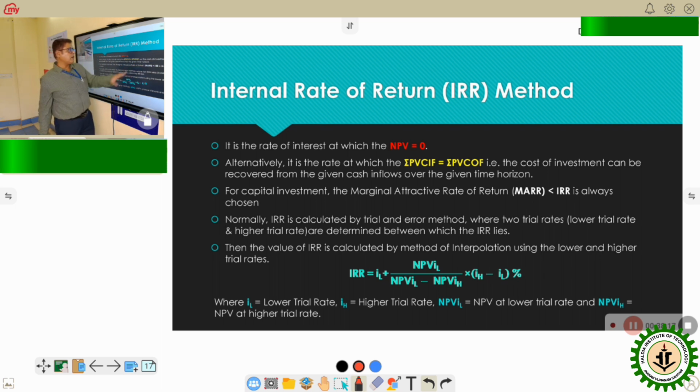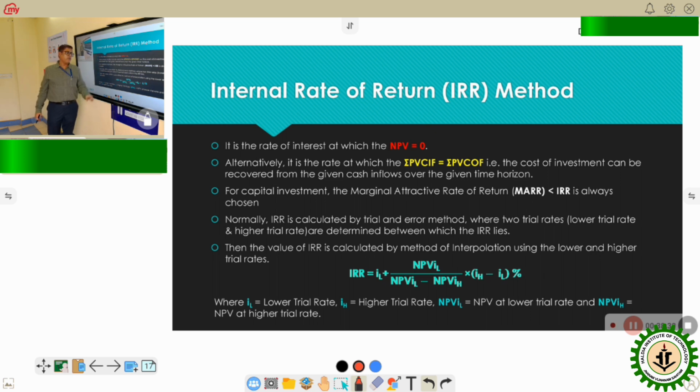Until and unless they determine the IRR at which the business breaks even, they cannot determine this rate, because whenever they are using the rate, they need to determine the NPV to say whether the investment proposal is profitable or not.